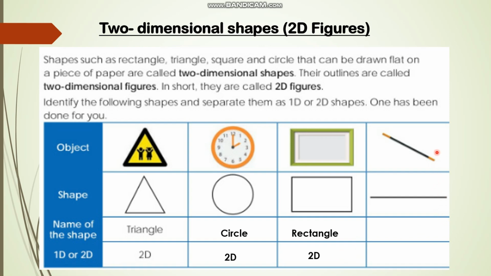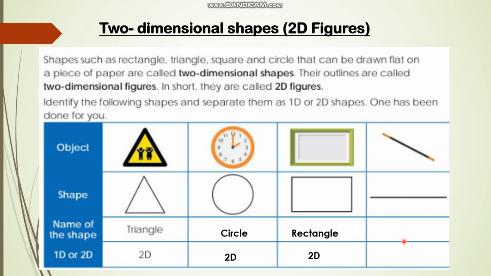Now look at the next one. It's a stick. Okay, what is the shape of this stick? It looks like a line, isn't it? It looks like a line segment because it is ending. It has an end point, so it is a line segment.